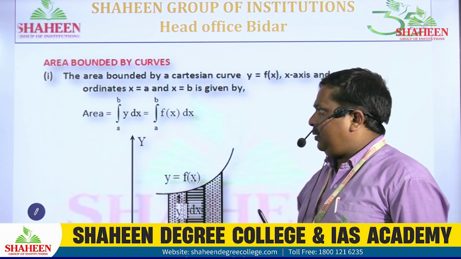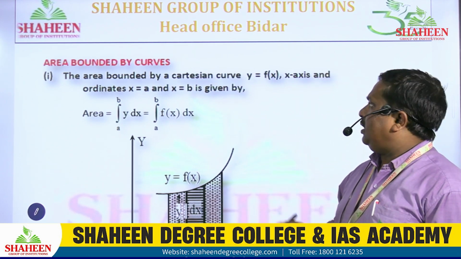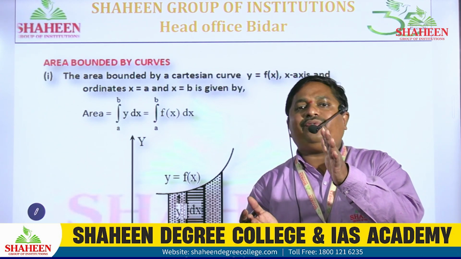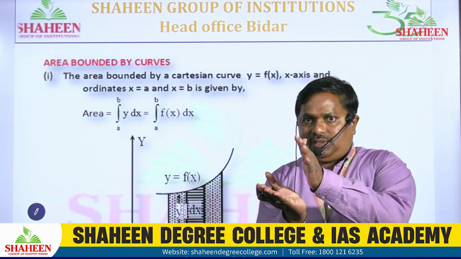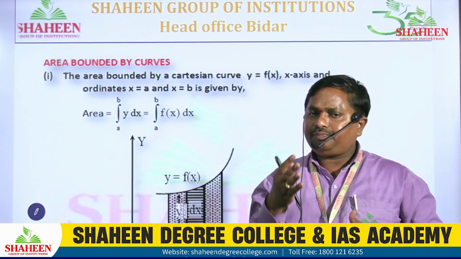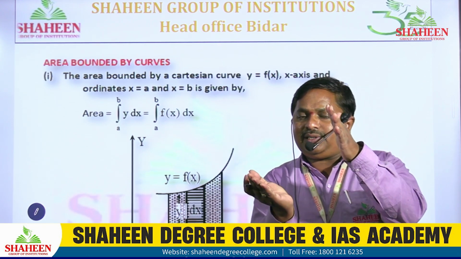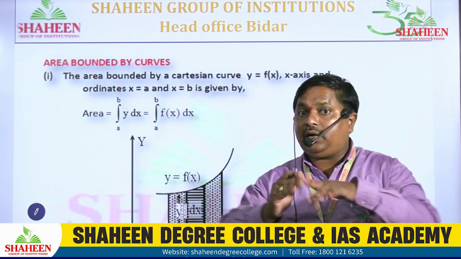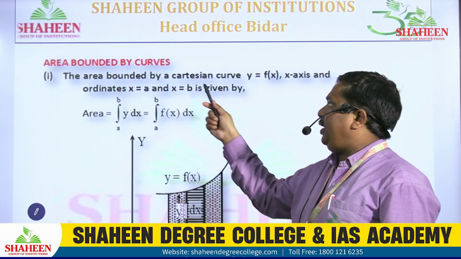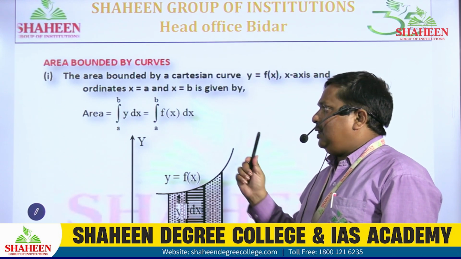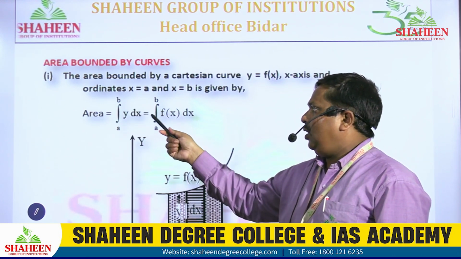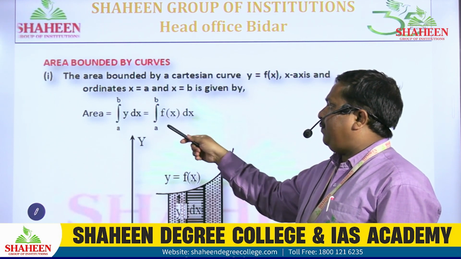On the x-axis we are finding the area from x equal to a to x equal to b. Then the area becomes the integral from a to b of y dx, or the integral from a to b of f of x dx.